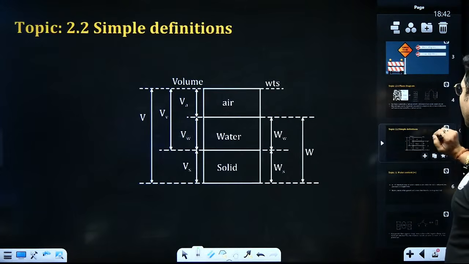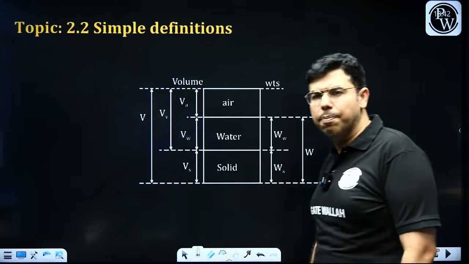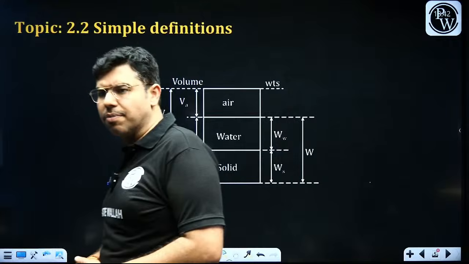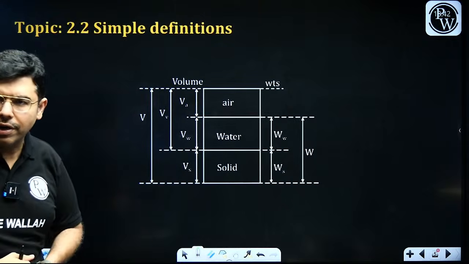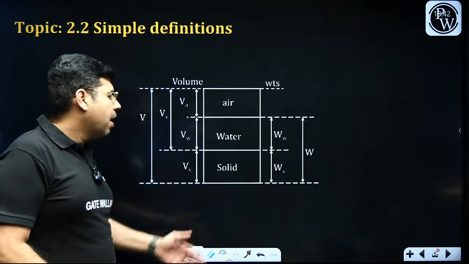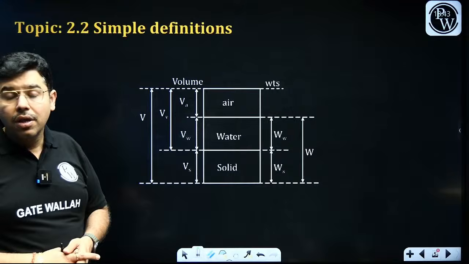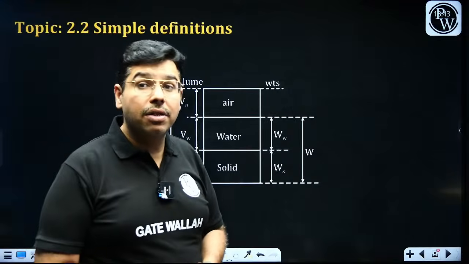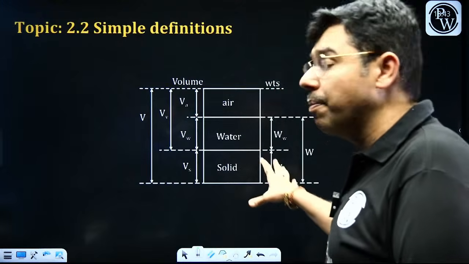Now, let's talk about the phase system, or certain simple definitions based on this phase system. Let's consider that soil is partially saturated, that is, soil has solids and its voids have water as well as air. While defining these simple definitions, we would be using the phase diagram.